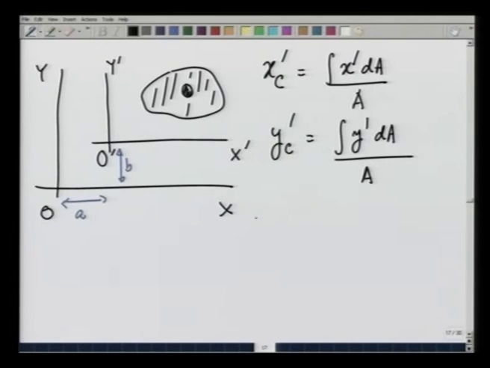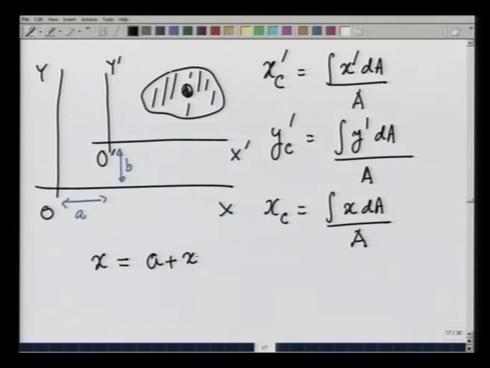Now, let us calculate x c, which is equal to integration x dA over the area, but I know that x equals a plus x prime, and therefore, x c is going to be equal to integration a plus x prime dA over the area. In the a dA integral, a comes out and integral dA is the total area.